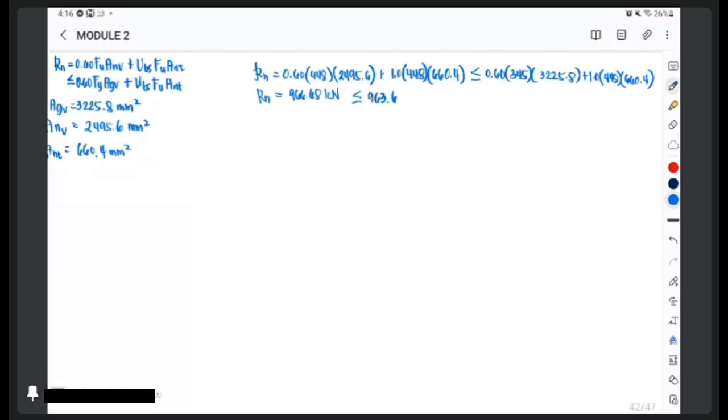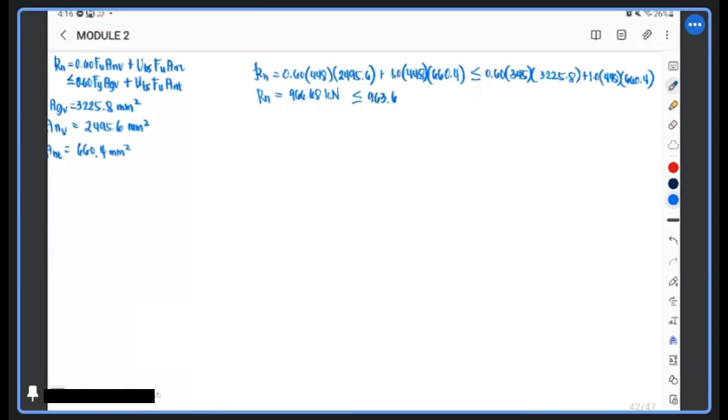It is 963 because yung unang case is not less than, mas mataas siya. So we have to choose what is lesser. So that Rn is equal to 963.6 kilonewton.